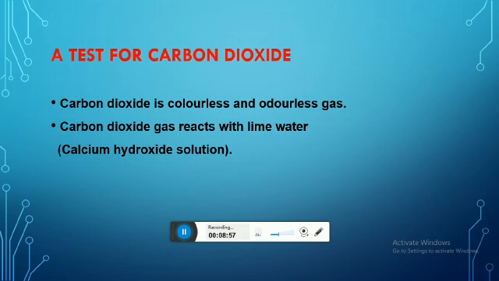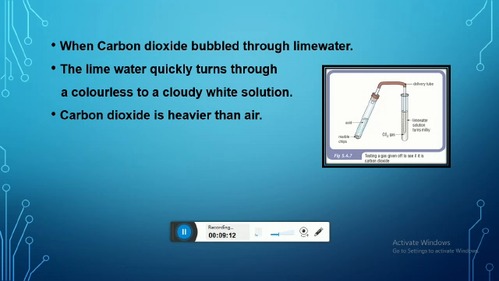Look at the figure. Here we have metal carbonates and acid. Whenever they react, they produce carbon dioxide, and this carbon dioxide will move through the delivery tube and enter into the other tube. Here we have the lime water. As I told you, it will react with the lime water.